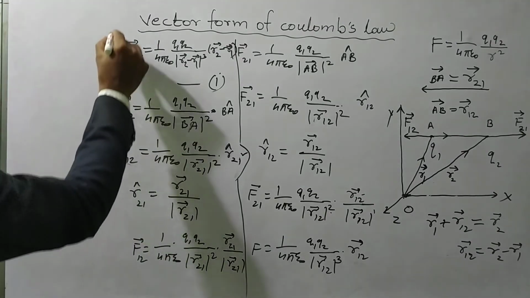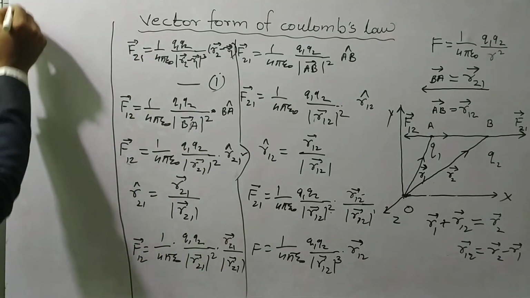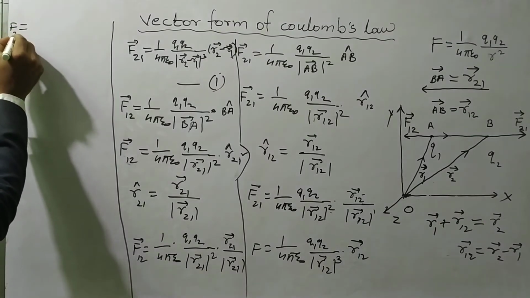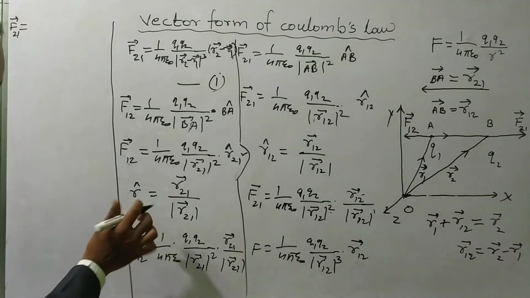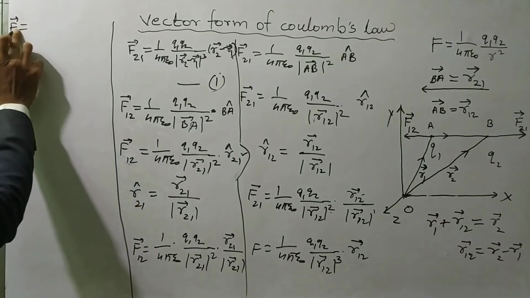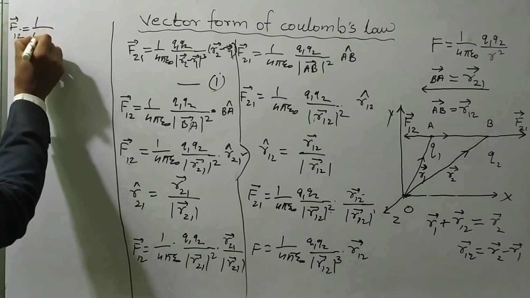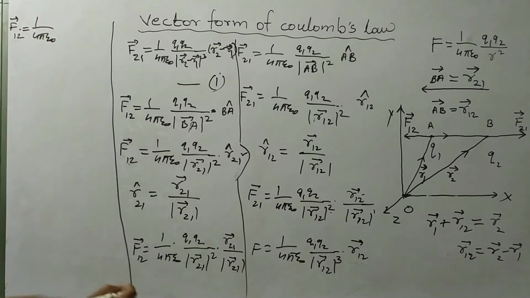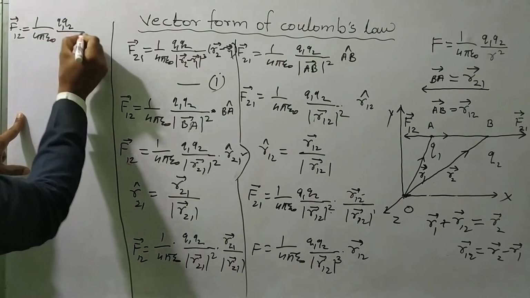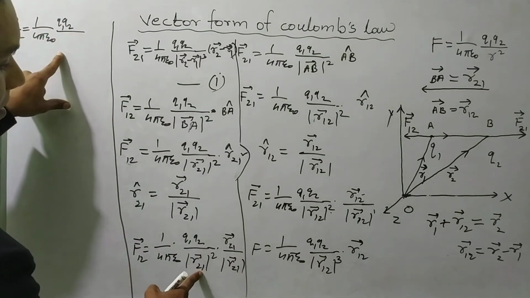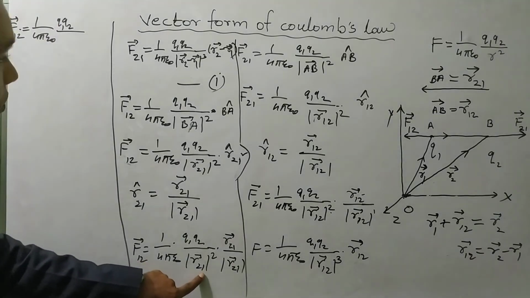Or F12 will be equal to 1 upon 4 pi epsilon naught Q1 Q2, and we have to find the value of vector R21.